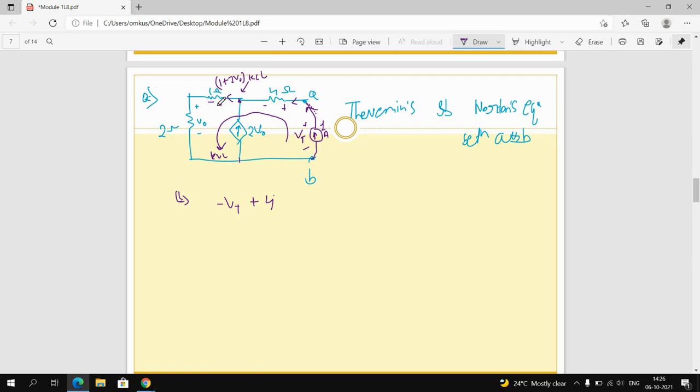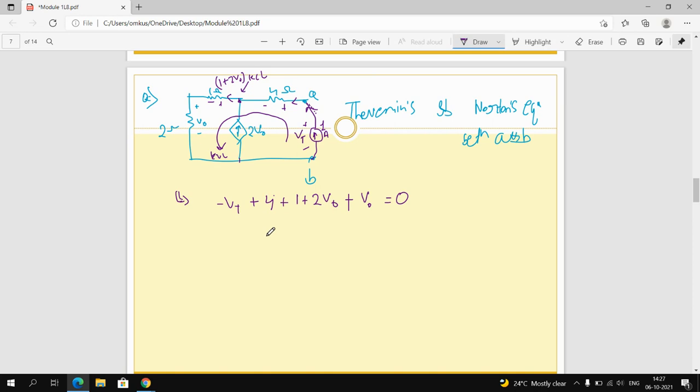And this is a 1 ohm, multiplied by this amount of current, that is 1 plus 2 v naught, and then v naught, which is already defined here, equal to 0.